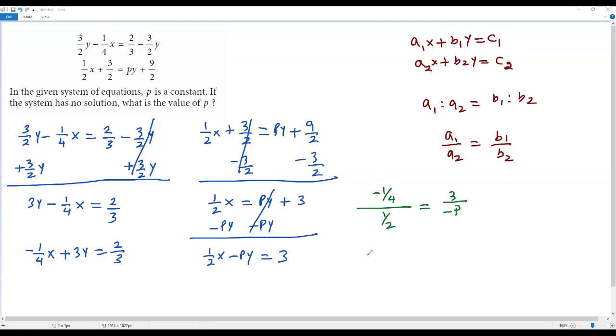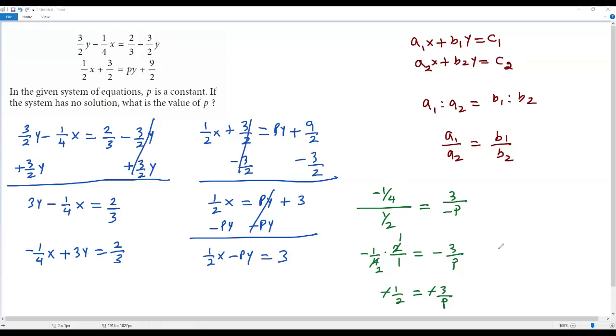Now let's simplify this. I'm writing the fraction −1/4 as it is, and I change this division to multiplication. Then I have to take the reciprocal of 1/2, so I'm getting 2/1, which is equal to −3/p. So 2 goes into 2 one time, 2 goes into 4 twice. So I'm getting −1/2 = −3/p. So this negative can be cancelled.